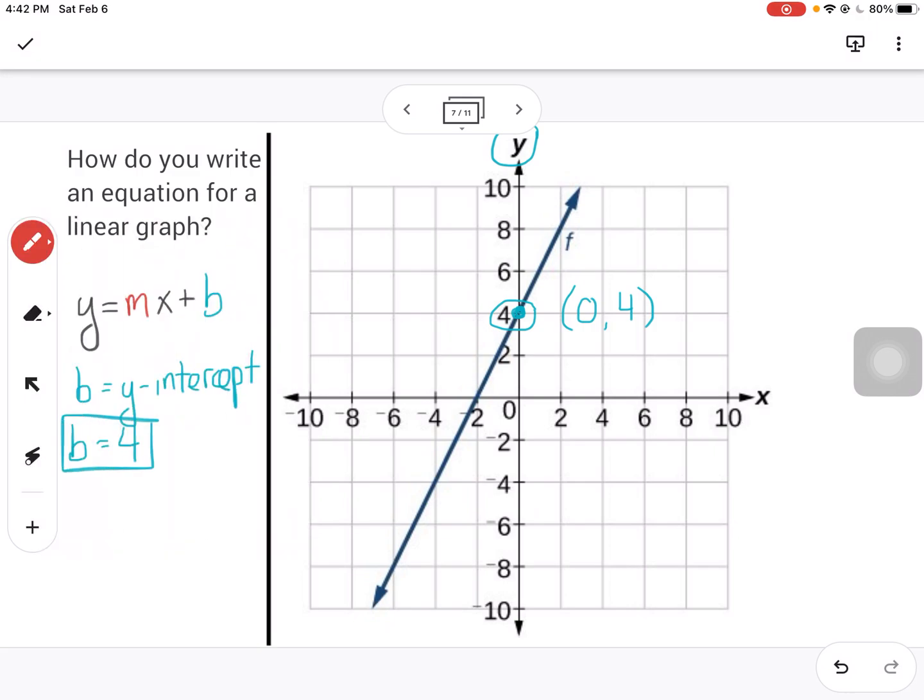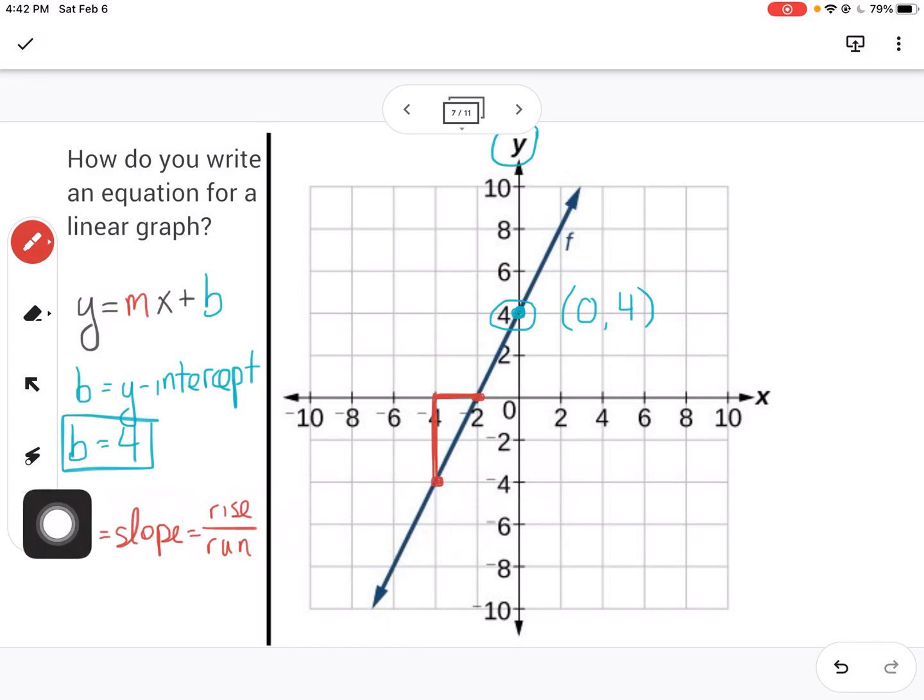Our slope is our rise over our run. So we can pick 2 points on our graph. We're going to look at how much it rises over the run.